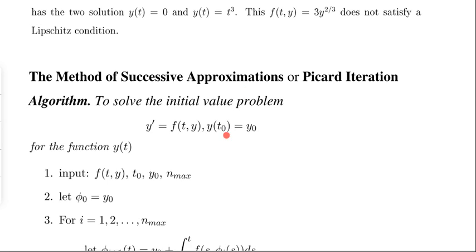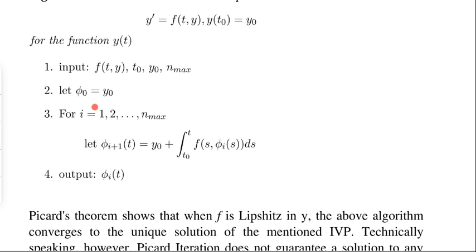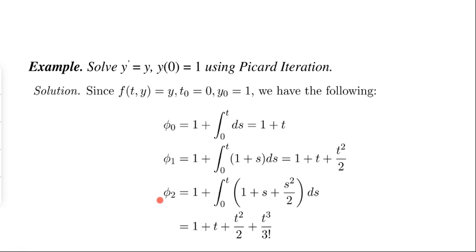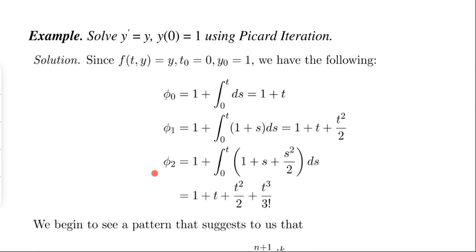In Picard iteration, we saw that by considering phi naught equals y naught, or initial value in our problem, and generating phi i by this recursive relation, then we will have a sequence of approximations for our problem. Also, we presented some examples for Picard's iteration.